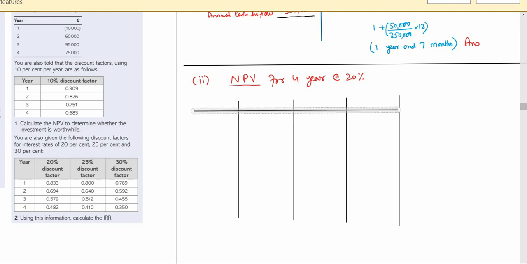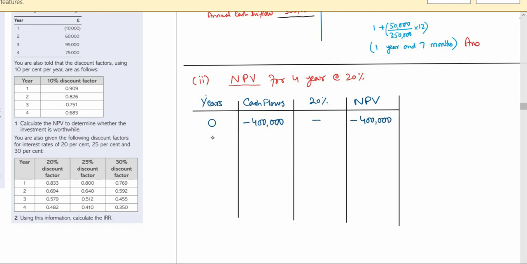The first heading is the years, and this is the cash flows, and this is the discounting rate, and this is the net present value. First of all, we'll start from year zero. The cash flow at year zero is 400,000, so there will be no discounting.